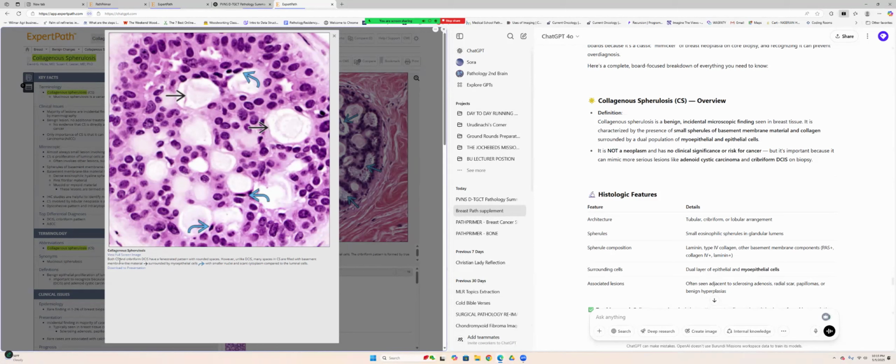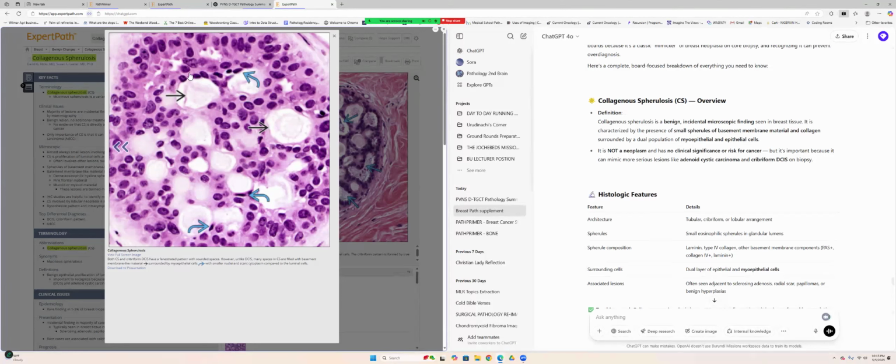Both collagenous spherulosis and cribriform DCIS have a fenestrated pattern with rounded spaces. However, unlike DCIS, many spaces in collagenous spherulosis are filled with basement membrane-like material. So when you start seeing basement membrane-like material in what you think is DCIS, think of collagenous spherulosis.